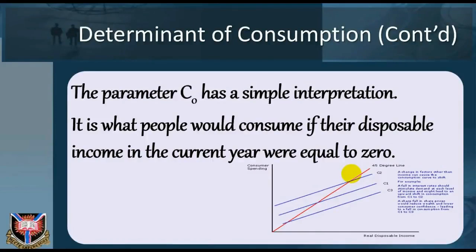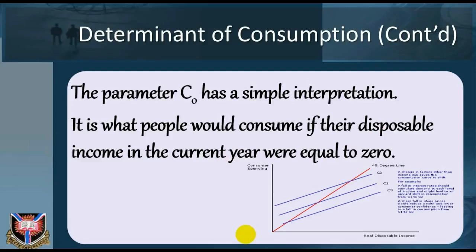People are likely to consume only part of an increase in income and to save the rest. The parameter C0 has a simple interpretation. It is what people would consume if their income level in the current year were equal to 0. A natural restriction is that if current income is equal to 0, consumption is still positive. This implies that C0 is positive.